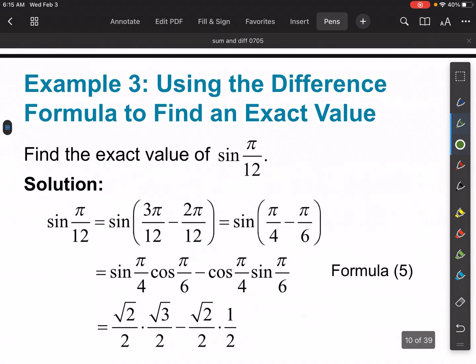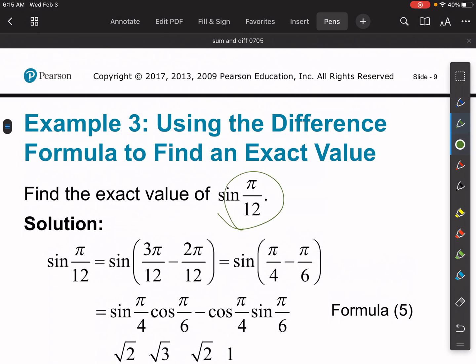For example 3, we're going to use the difference formula to find an exact value. We'll use a difference formula because they have sine of pi over 12. We want things that are equivalent to the things that we like. 3 pi over 12 is the same thing as pi over 4, which we like.